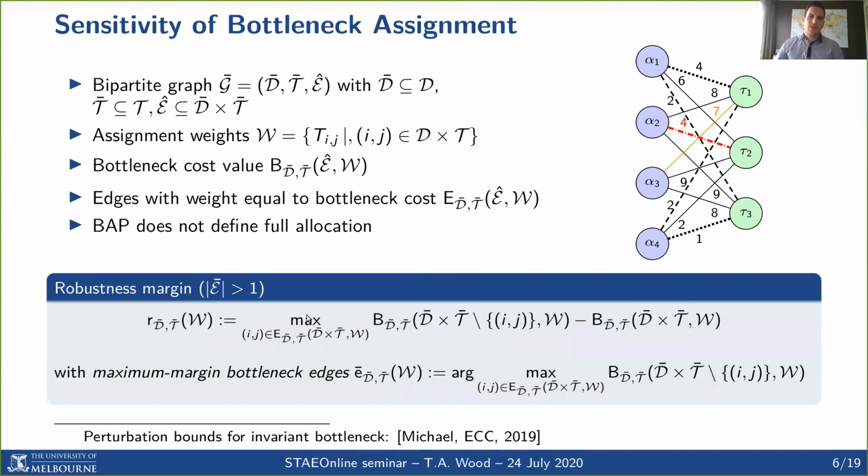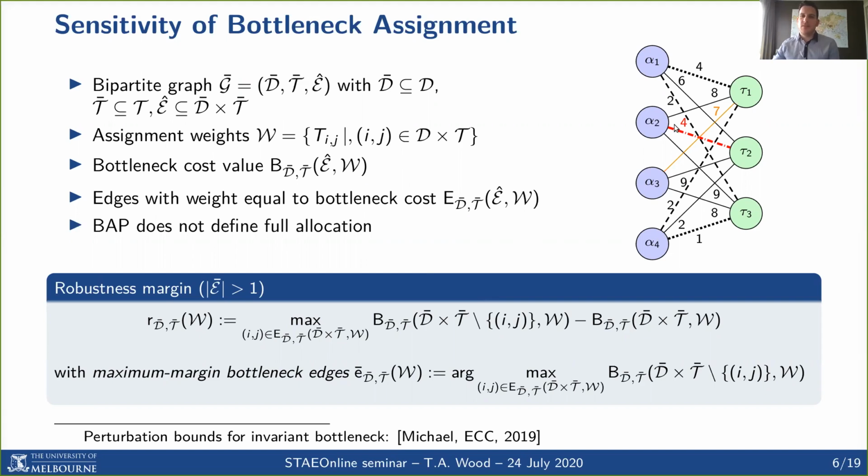For this, we define what we call a robustness margin, which is the difference between the bottleneck edge and the bottleneck edge obtained when we remove a bottleneck.